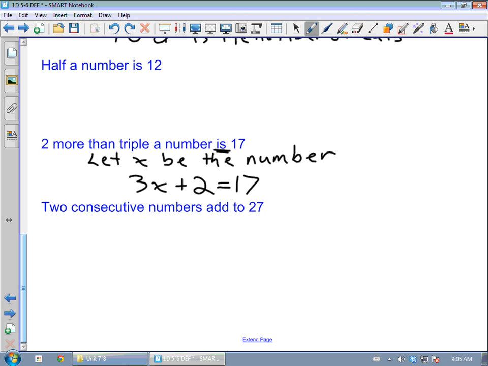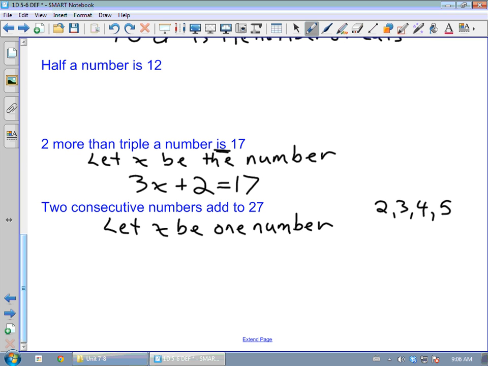We'll do the last one here. 2 consecutive numbers add to 27. Again, we'll start off with let x be one number. If these are 2 consecutive numbers, this is things like 2 and 3 are consecutive, 3 and 4 are consecutive, 4 and 5 are consecutive. These are right after each other. Okay, so what would be the second number?